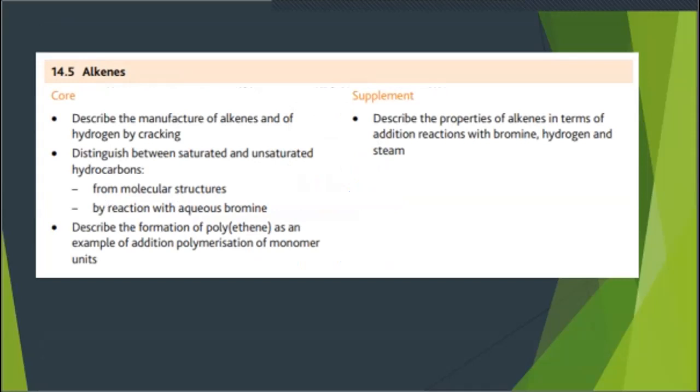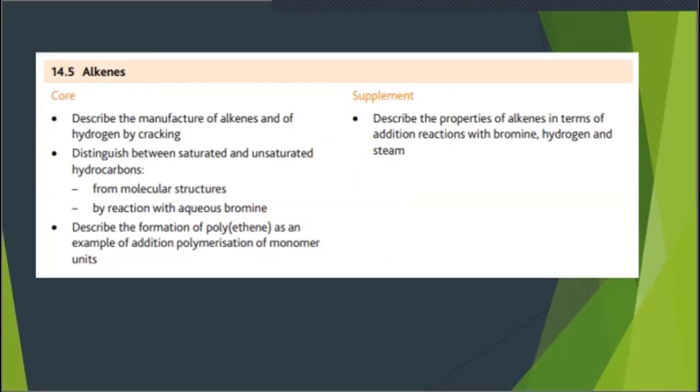All right, so some things that we are trying to achieve by the end of this lecture. This is taken from your syllabus. It's objective 14.5 in your syllabus. First objective, describe the manufacture of alkenes and of hydrogen by cracking.